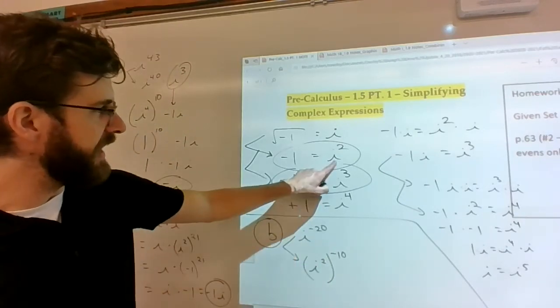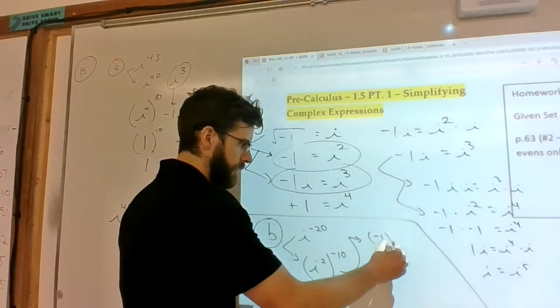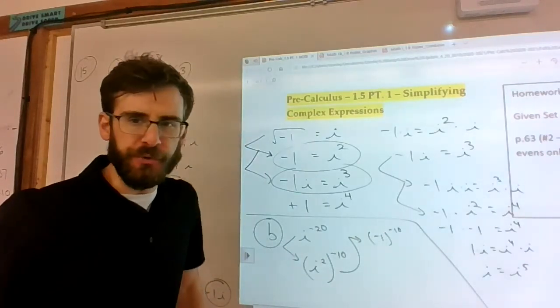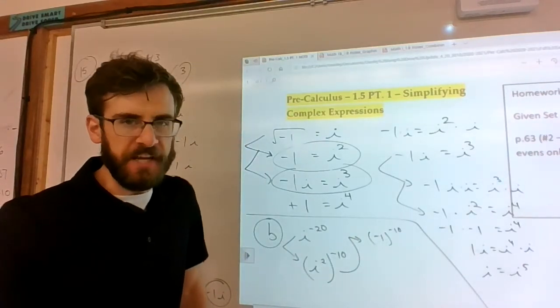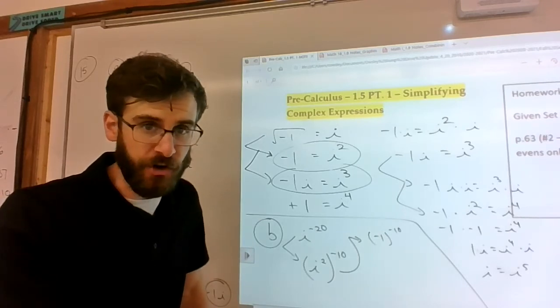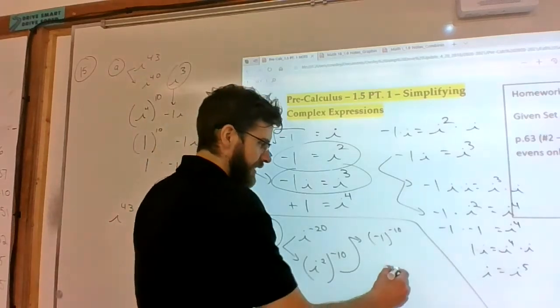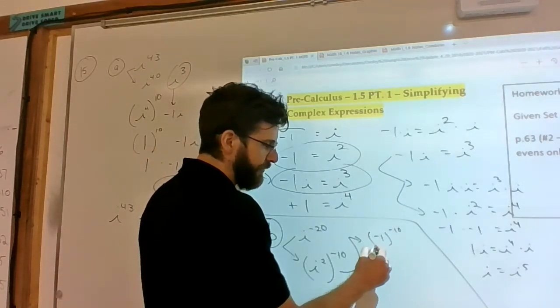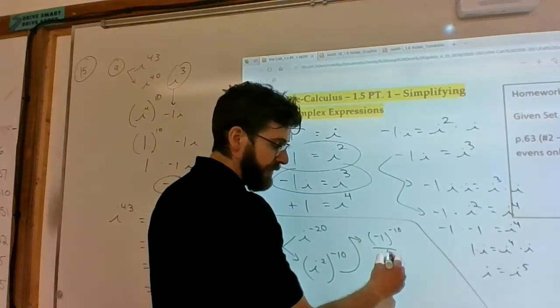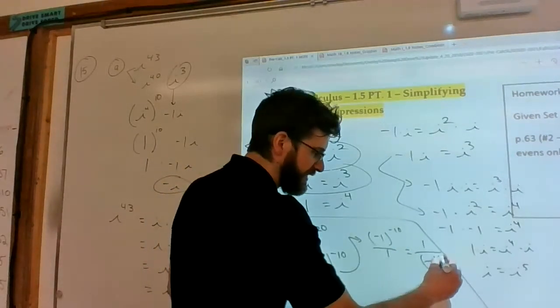i squared is negative 1. So what you can do now is say, doesn't a negative 10 exponent just mean put it on the opposite part of the fraction that it's currently on? Yes is the answer to that. So it's kind of like this is negative 1 to the negative 10th power over 1, which equals 1 over negative 1 to the positive 10th power.